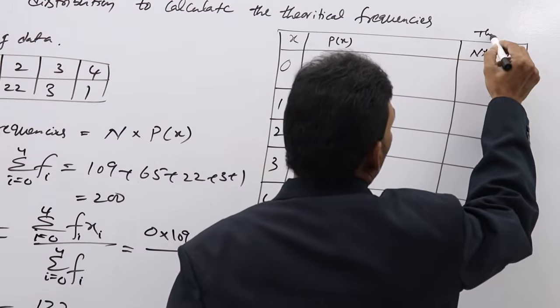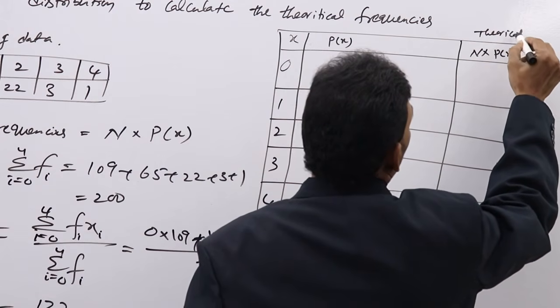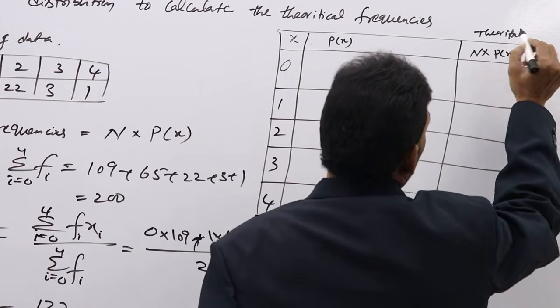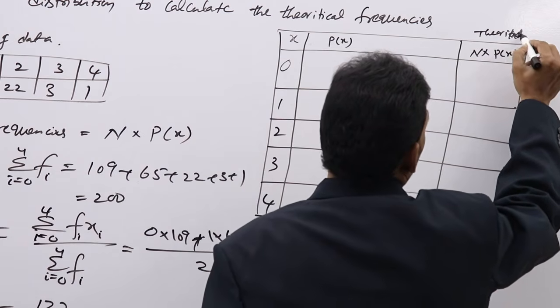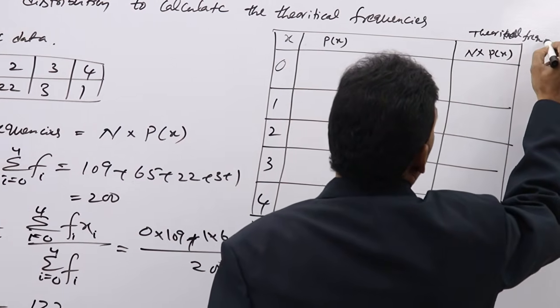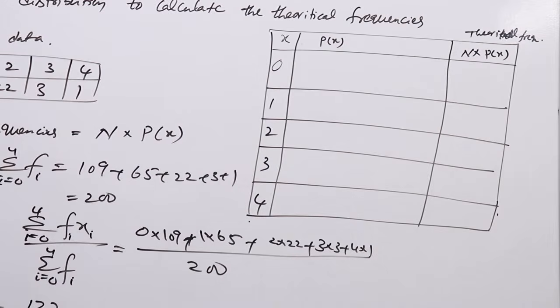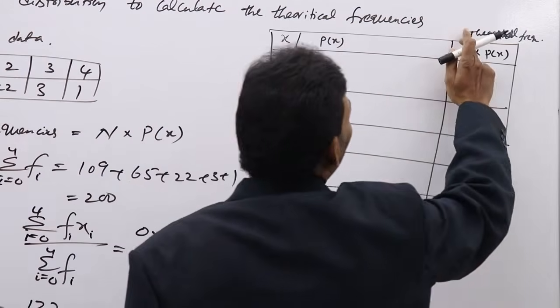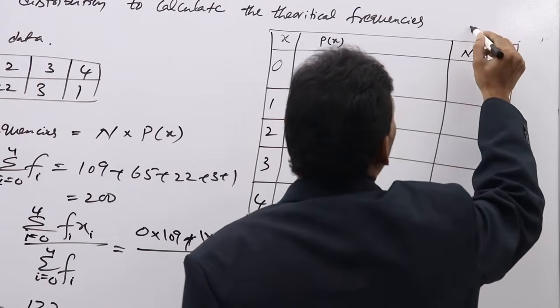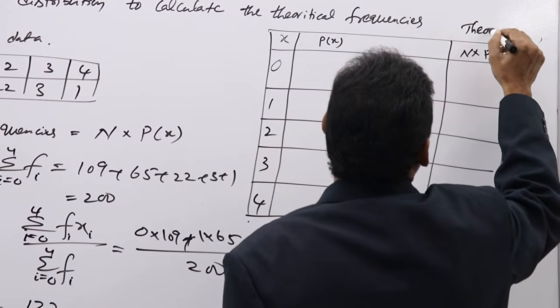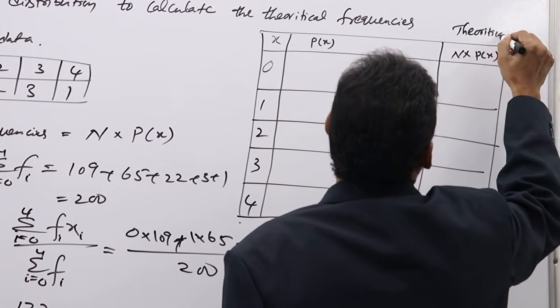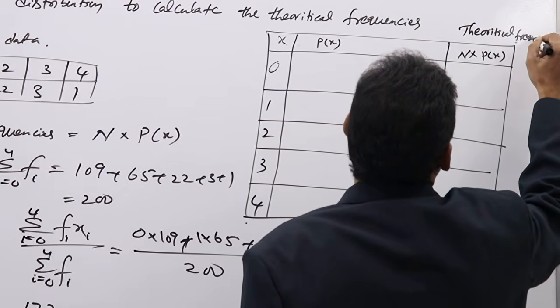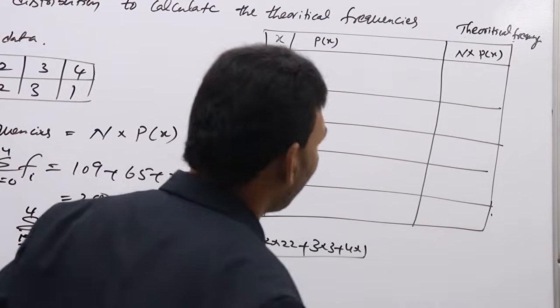This is the theoretical frequency, which is asked in the question. Theoretical frequency we can get like this: N into P of x.